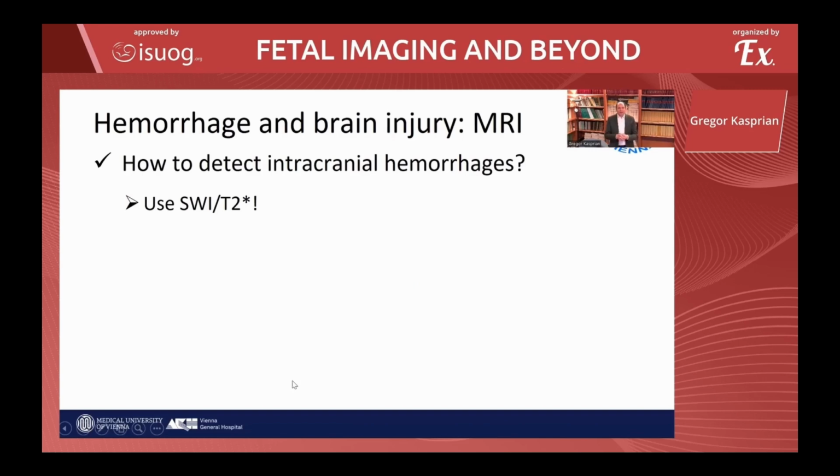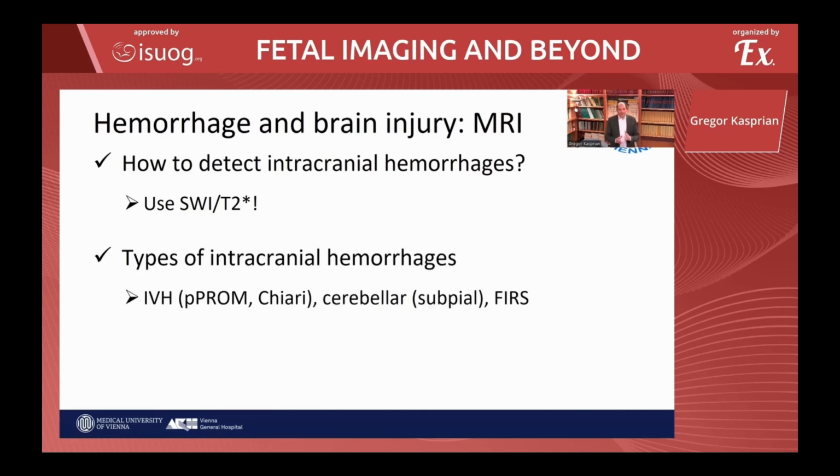So let me sum this up. I think it is important to know that when you want to detect intracranial hemorrhage, the EPI or SWI sequences of further development are crucial. There are different types of hemorrhages. Some of them are in the context of premature rupture of membranes, so they occur before birth. Some of them are even subpial in the cerebellum.